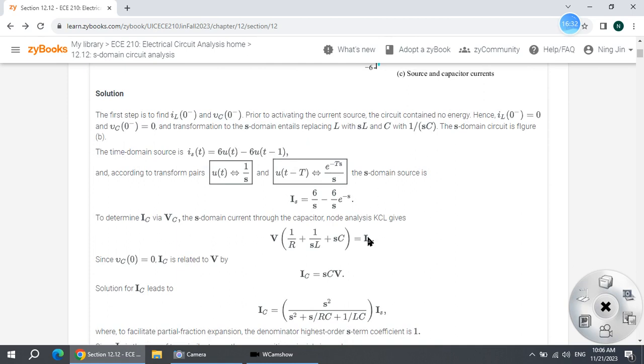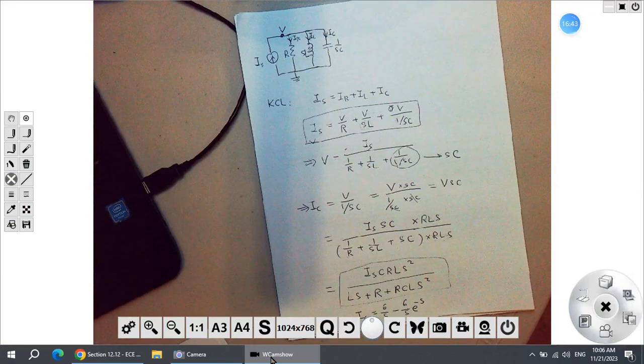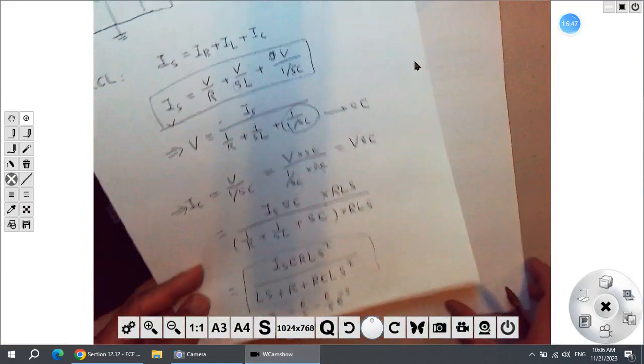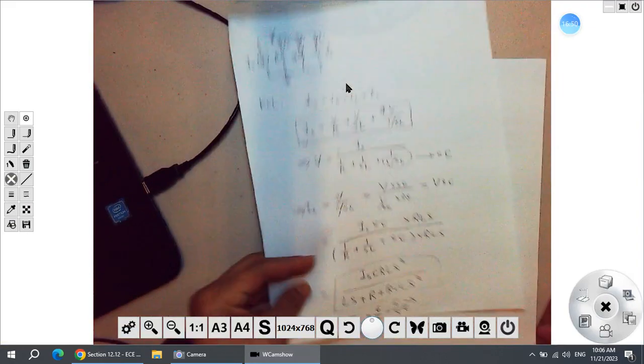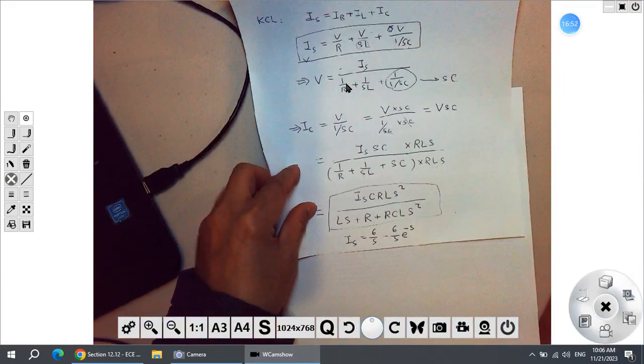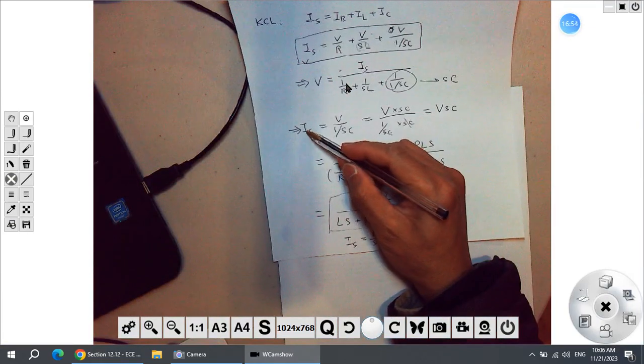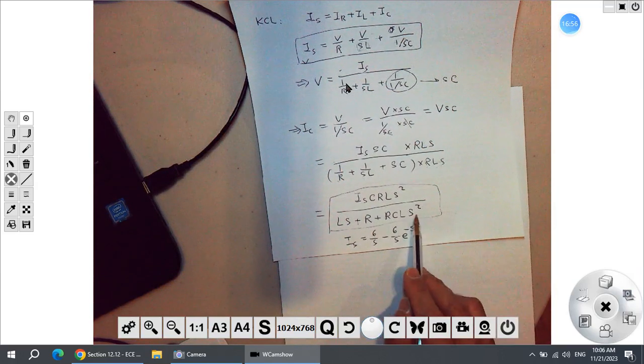So okay, now I have Is, this one, and let's go back to my paper. This one, oh, it's this one. I already have IC, right? I see this. It is this one, and Is is this one.